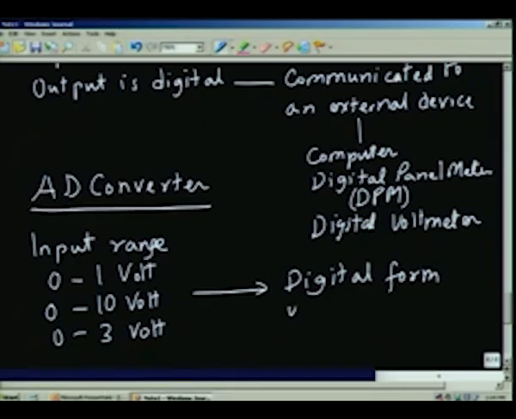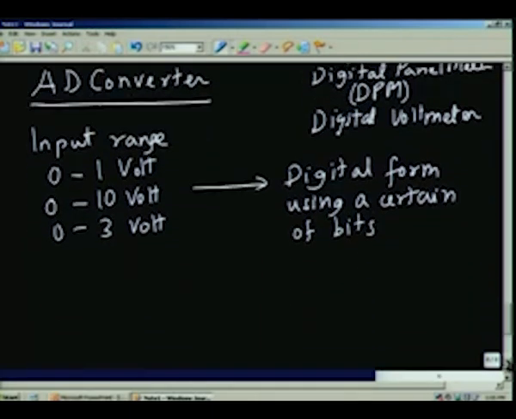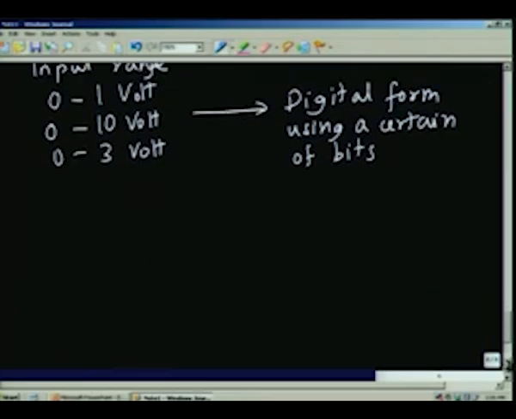Using a suitable ADC using a certain number of bits. So, let me just describe what this means. You know that the digital signal is always in the form of binary signal.